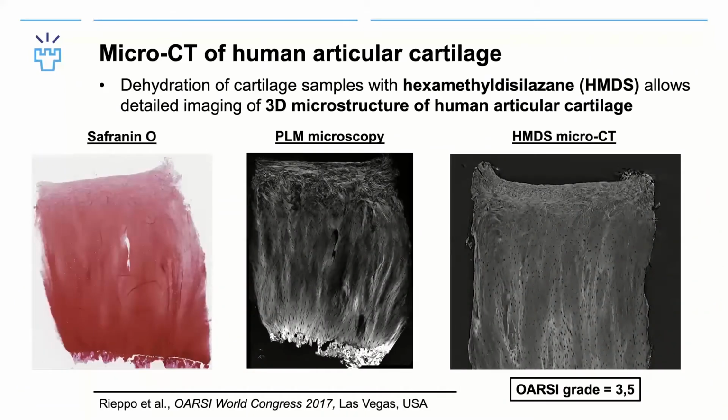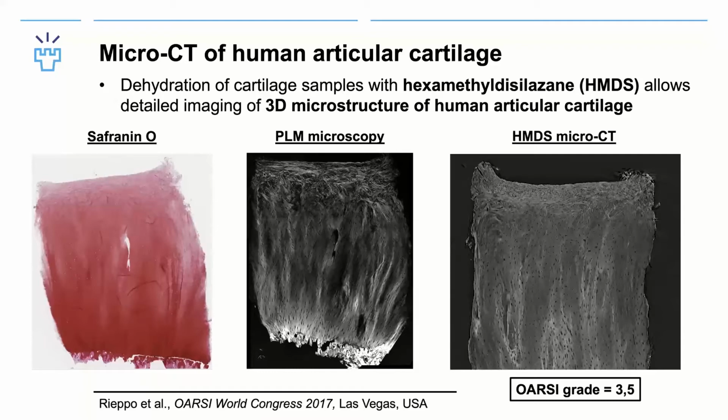We have also studied another contrast boosting method. That was the phosphotungstic acid I showed you. But it's also possible to get contrast to articular cartilage, and actually any other soft tissue, using dehydration of the sample. You can use hexamethyldisilazane to dehydrate the sample. So basically, you take all the liquid out of the sample, and what you have left is only the solid matrix.